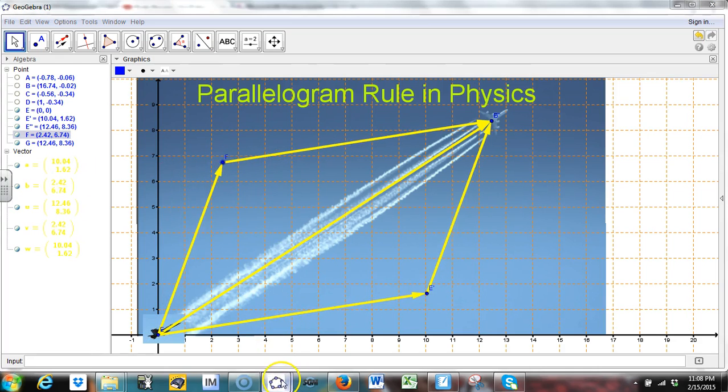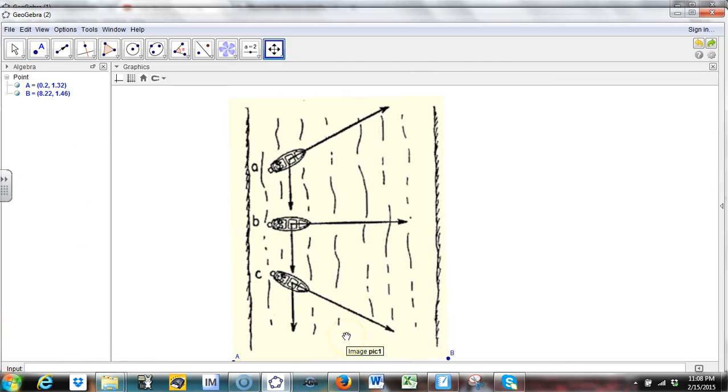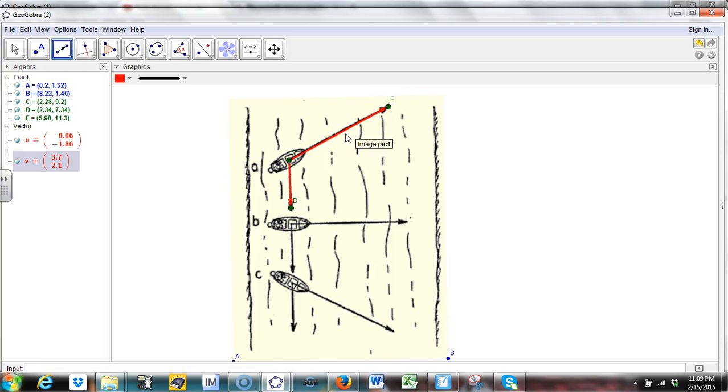So let's take a look at this boat problem again, because really it's the same thing. You've got the vector showing the speed of the river and the direction that the river is flowing, and then you've got the vector showing the direction that the boat's going.